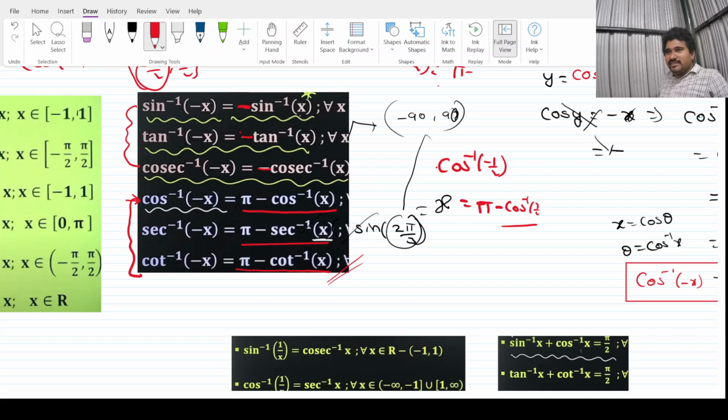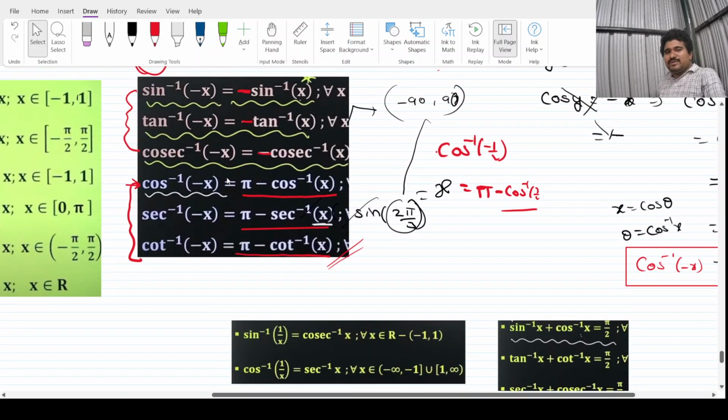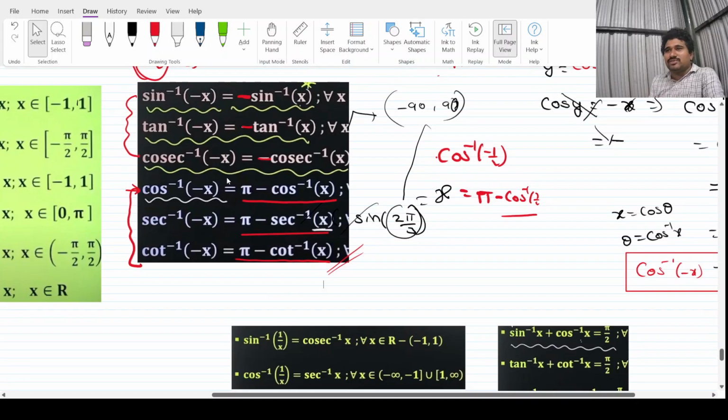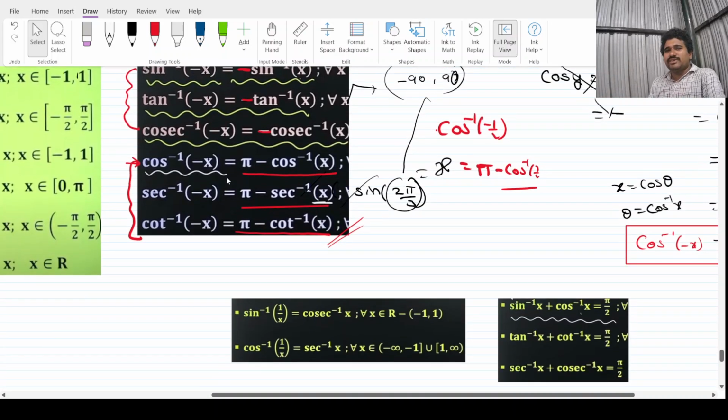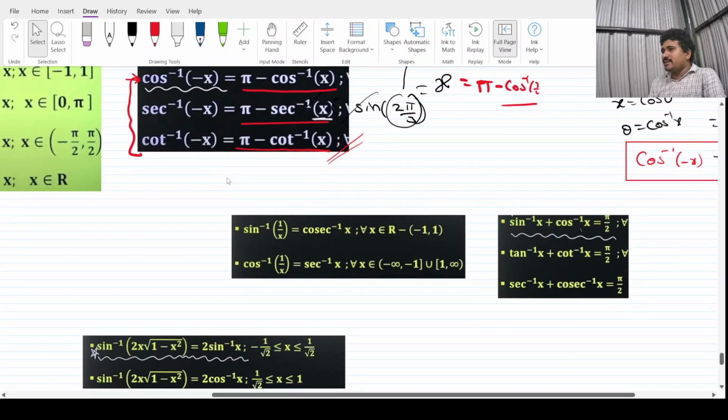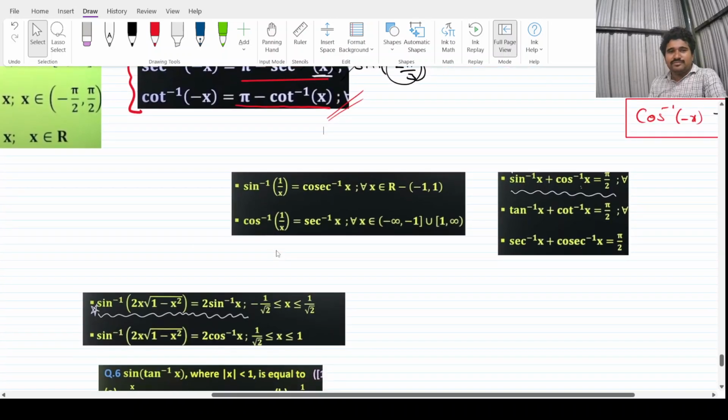You can remember it easily, right? No need to understand here, you can just remember. Whenever the negative comes for these, I should write pi minus. Is that clear? Understand?